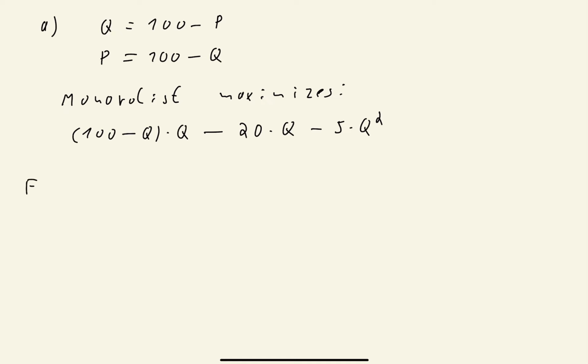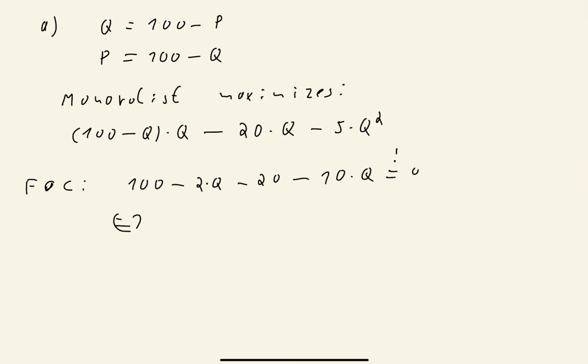If we derive the first order condition, what we get is 100 minus 2Q minus 20, sorry, not 20Q but just 20, minus 10 times Q, and this should be equal to 0.